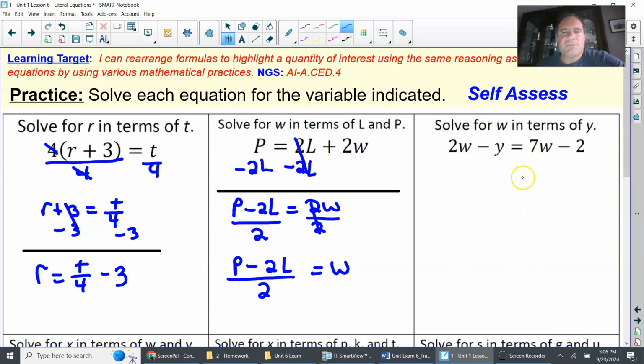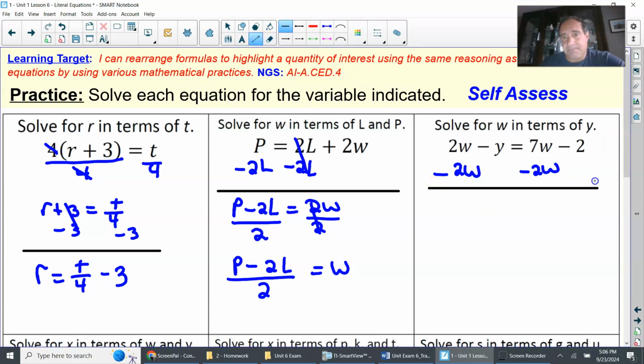Solve for W in terms of Y. So if I see W's on both sides, I have to solve for W. I'm going to get them together first, because you can't solve for them if they're separated by an equal sign. This cancels. You have negative Y equals 5W minus 2.